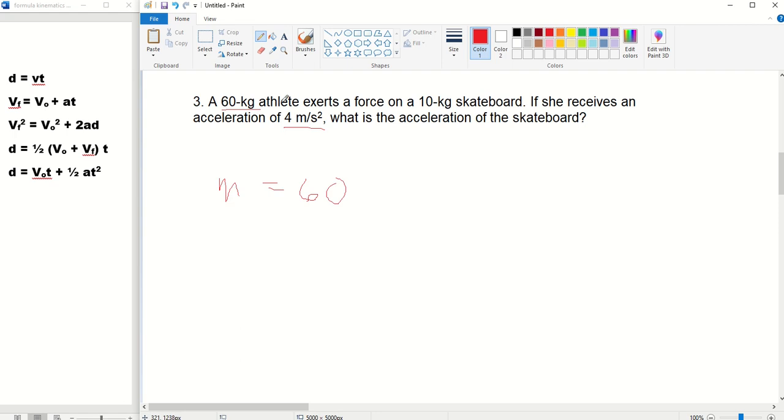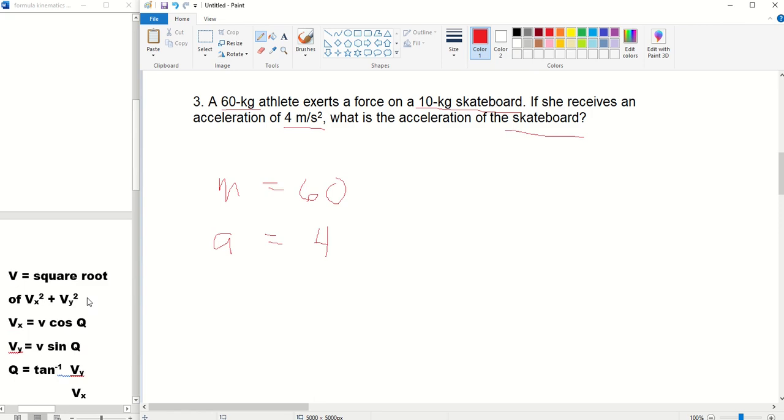So, kinuha natin yung mass muna ng athlete, which is 60 kg. And then, yung acceleration na 4 meters per squared second. So, 4. And then, ang tinatanong dito, what is the acceleration of the skateboard? So, mamaya gagamitin natin tong 10 kg skateboard o yung mass ng skateboard. So, bago yan, kunin muna natin, ano bang formula natin for acceleration?